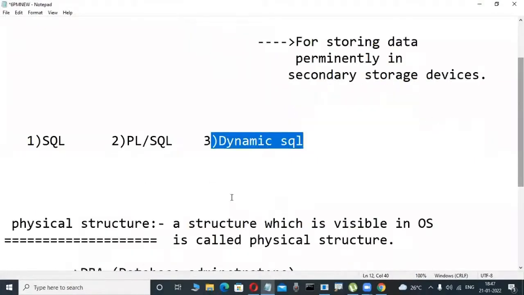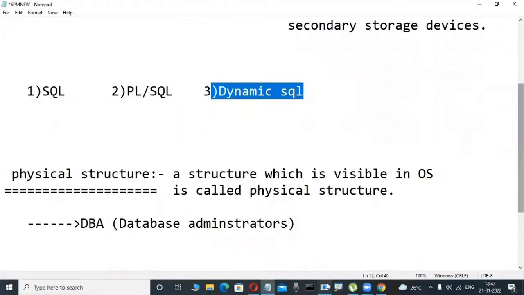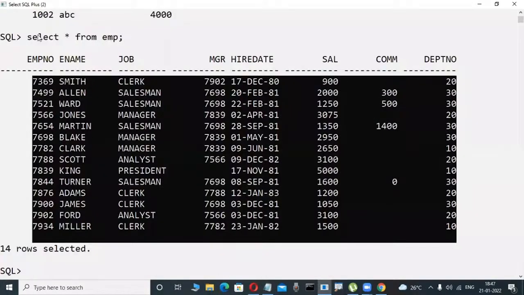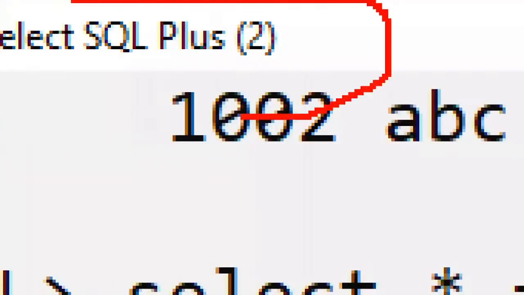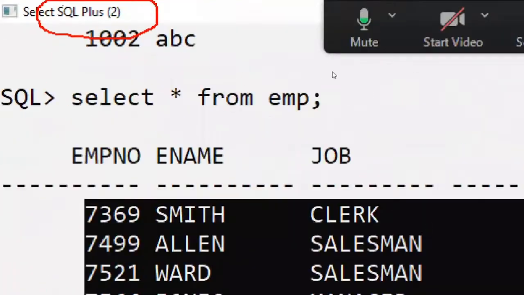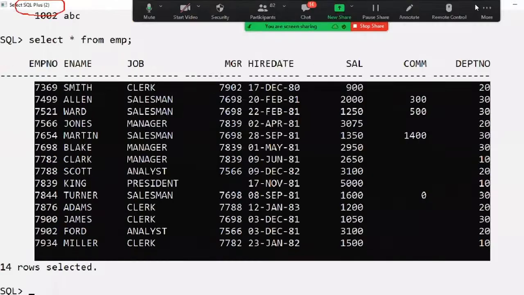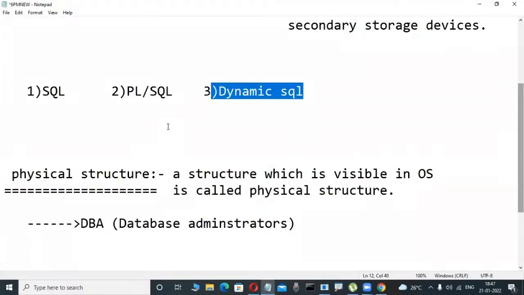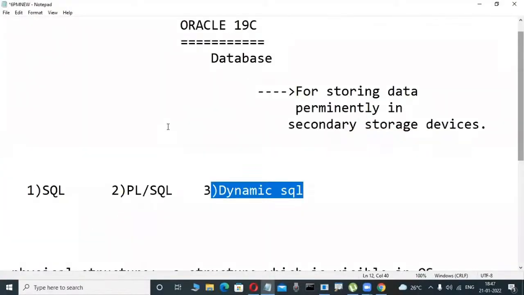But there is another thing in my system: SQL*Plus. What is this? It is a tool, called a client tool. If you want to connect to the Oracle database, we use client tools. SQL*Plus is the default tool.